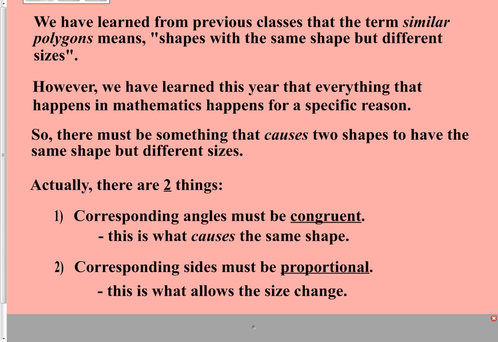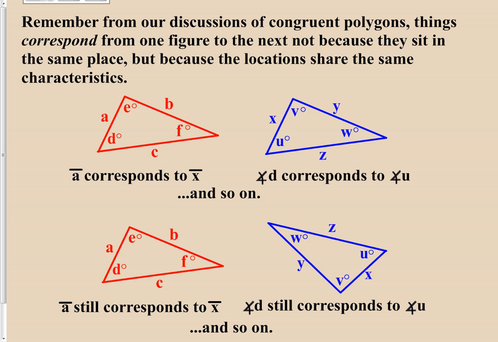Now we're going to have a little bit of a quick review. You probably don't need to copy down this next slide, but definitely follow along. From our discussions of congruent polygons, things correspond from one figure to the next, not because they sit in the same place, but because the locations share the same characteristics. We examined a couple of triangles in the first example where they were sitting in exactly the same positioning, where we could say something like the top corresponds to the top and the bottom left corresponds to the bottom left.